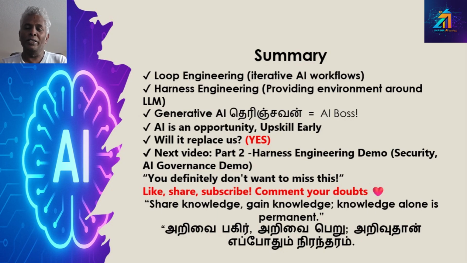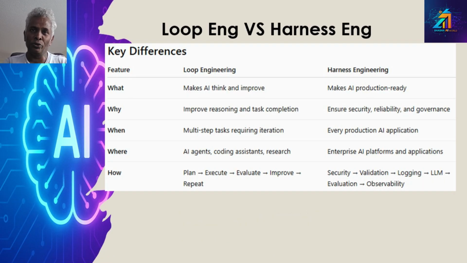My demo shows the harness at the response, meaning the output side. After the AI agent or LLM generates the output, I apply the harness. But in real projects and enterprise LLM applications, we apply it everywhere: input side, output side, and processing time.